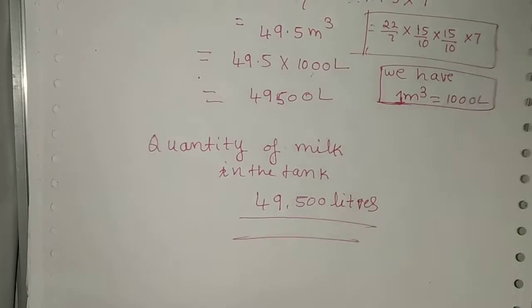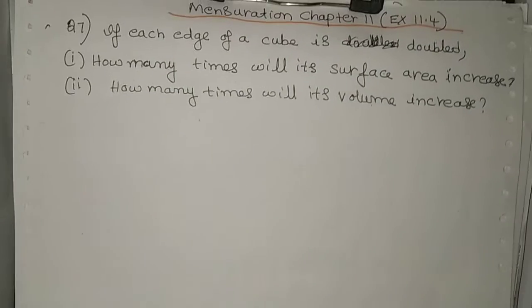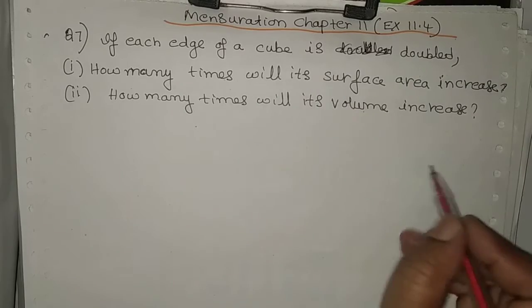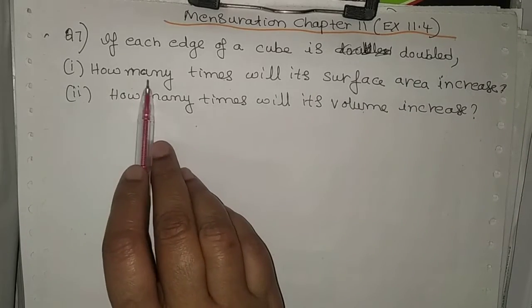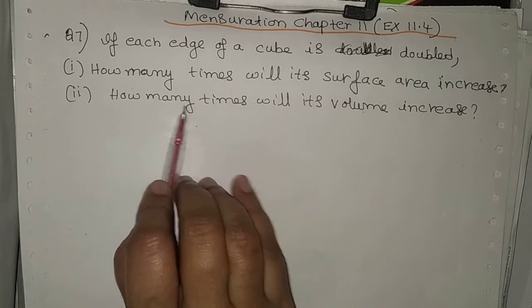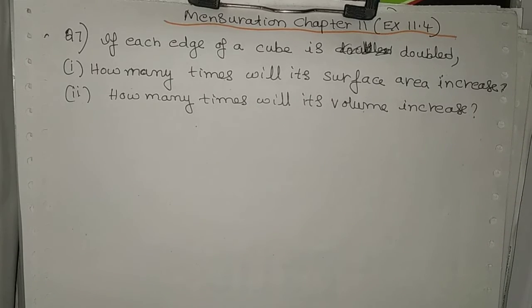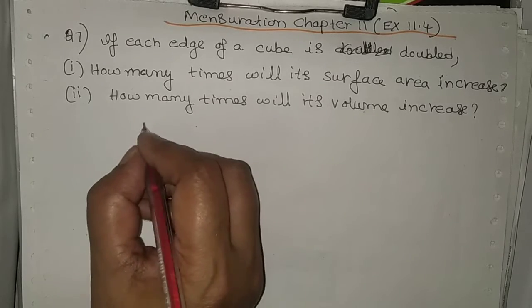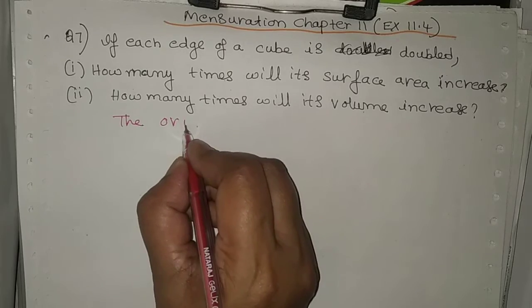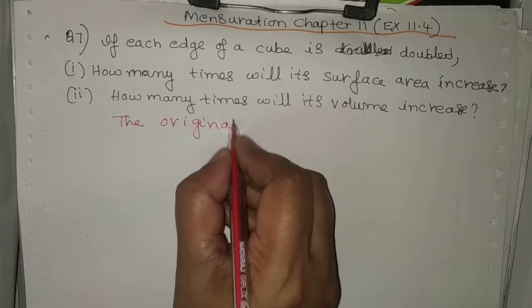So we'll move on to the next question, that is the seventh one. Seventh problem: each edge of the cube is doubled. So the cube is there, each edge is doubled. First point is how many times will the surface area increase, and second, how many times will its volume increase. For the first one, we will assume the original edge.